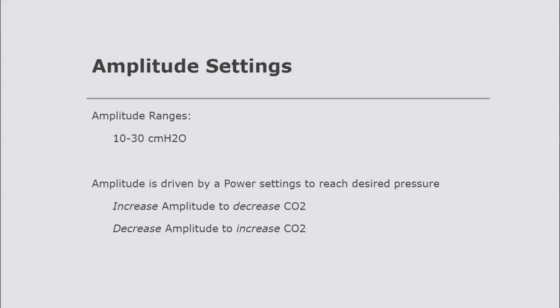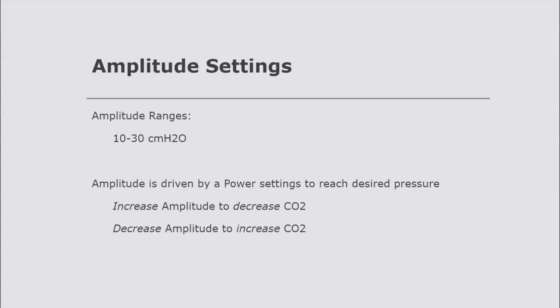If we have high CO2s and we want to decrease our CO2, we will increase the amplitude. If we have low CO2s, like maybe you overshot or we have a sudden increase of compliance or something like that, and we need to help raise our CO2, we will decrease the amplitude.